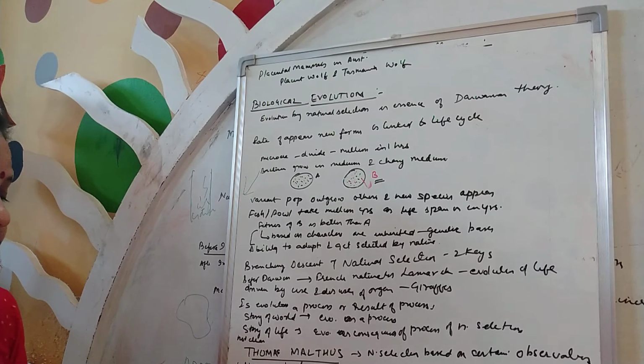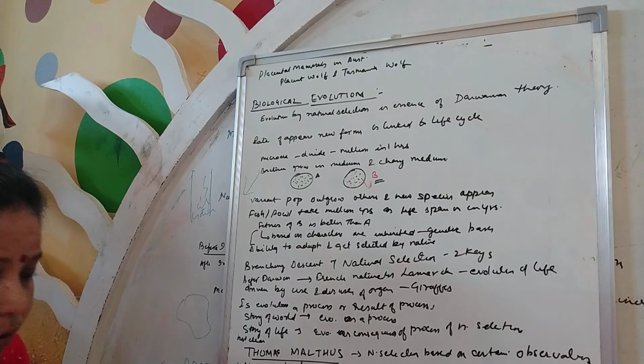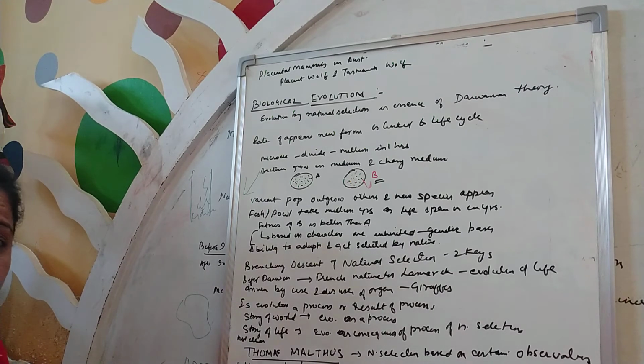Now next is the mechanism of evolution. How does this mechanism occur? There is an origin of variations. Nowadays we say that the origin of variation and speciation occur. How does this speciation occur? Darwin ignored Mendel's factor, because Mendel said that there is an inherited factor which is inherited from one generation to the other, but Darwin ignored that.